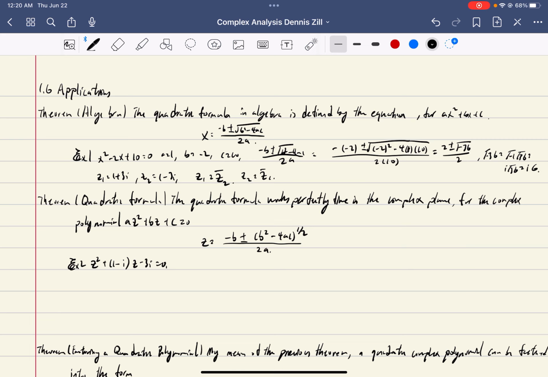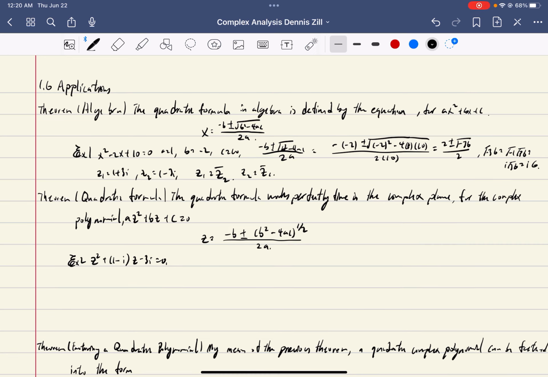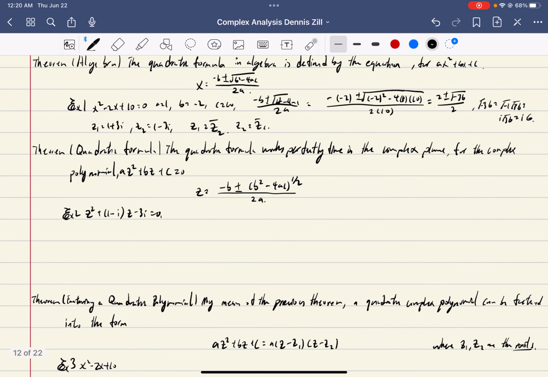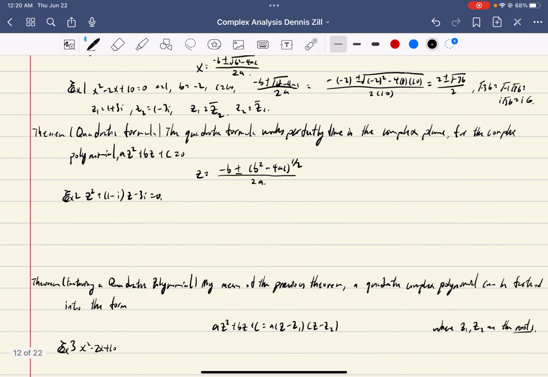For the complex quadratic polynomial az squared plus bz plus c equal to 0, z can be found by performing this quadratic formula, but in the complex plane: negative b plus or minus the square root of b squared minus 4ac, over 2a.